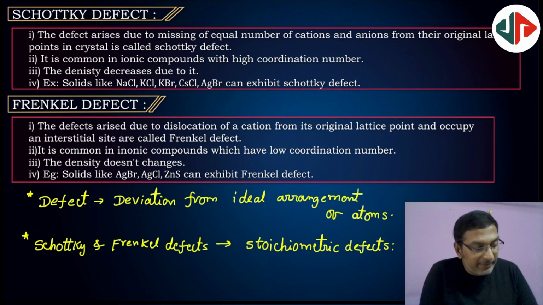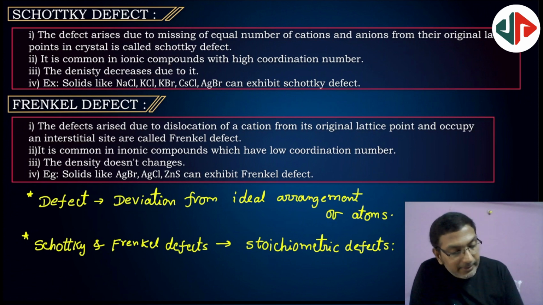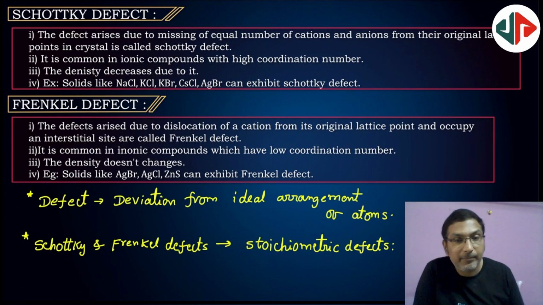Next, Frenkel defect. It is due to dislocation of a cation from its original position, and it occupies an interstitial site. Interstitial site means a gap between ions. So Schottky defect is also known as vacancy defect, complete missing.